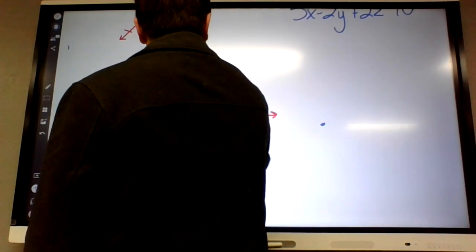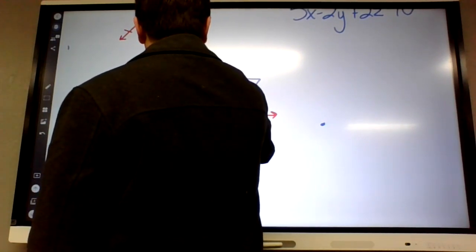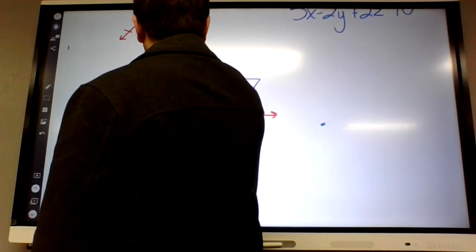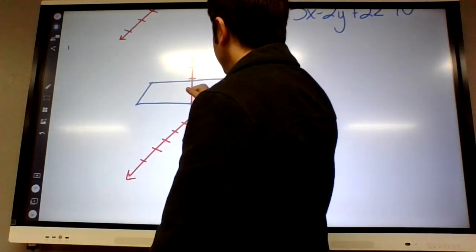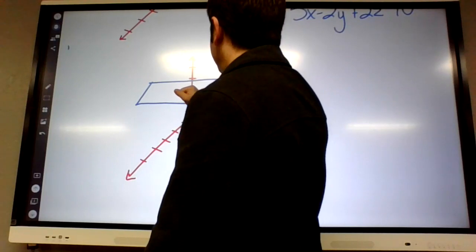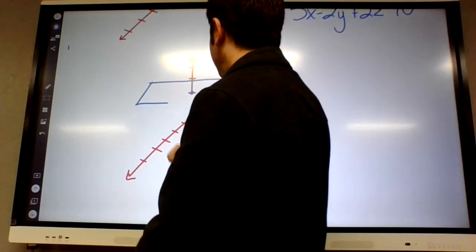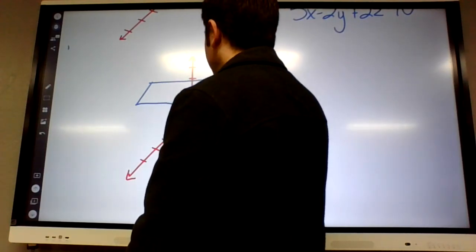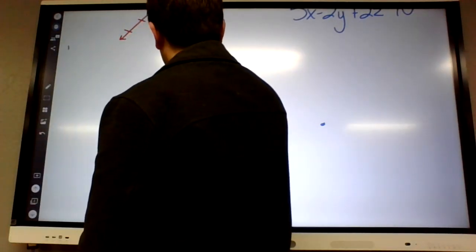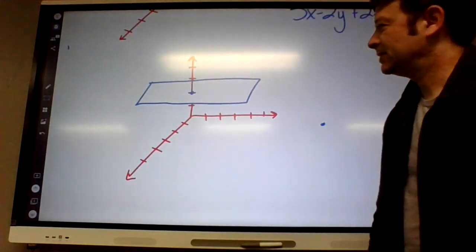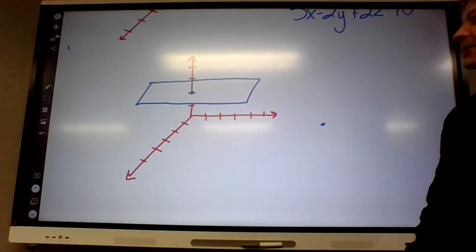It looks like it's going through that. Here's kind of what you do. The plane should be covering right there. So you gotta make it look like it's covering up.